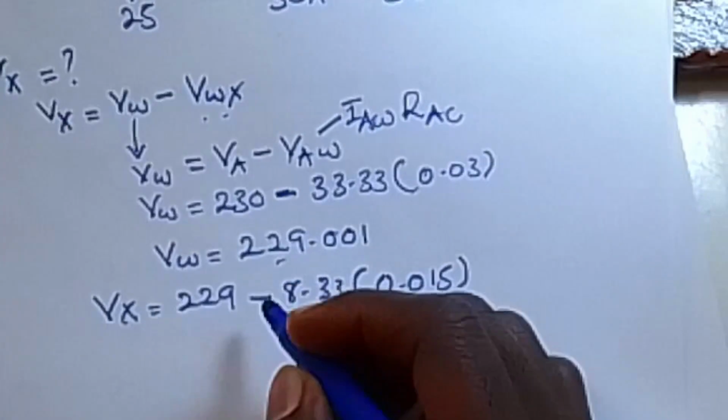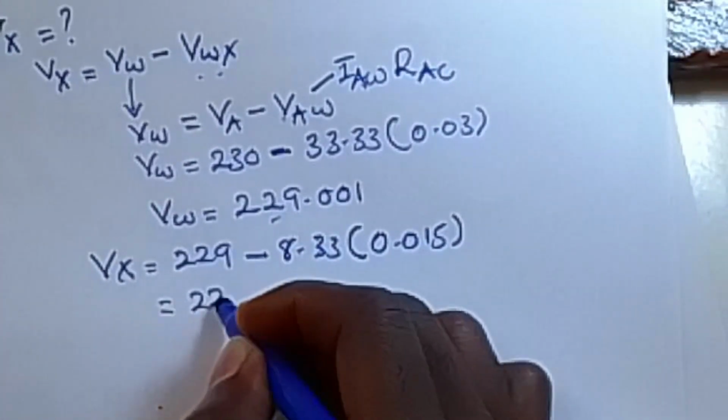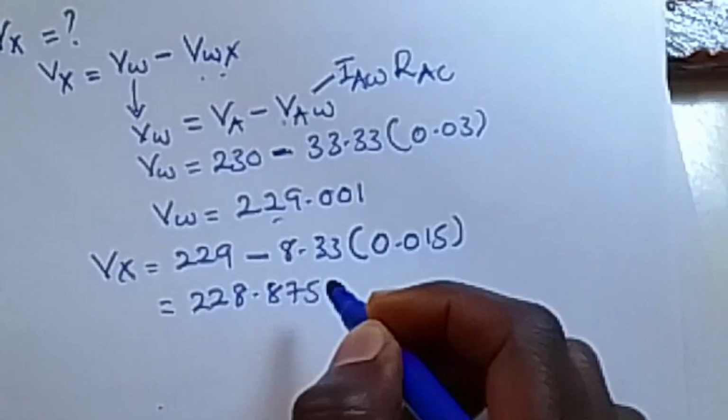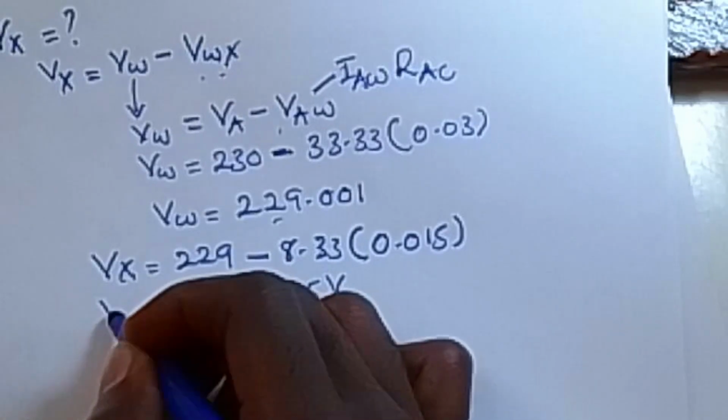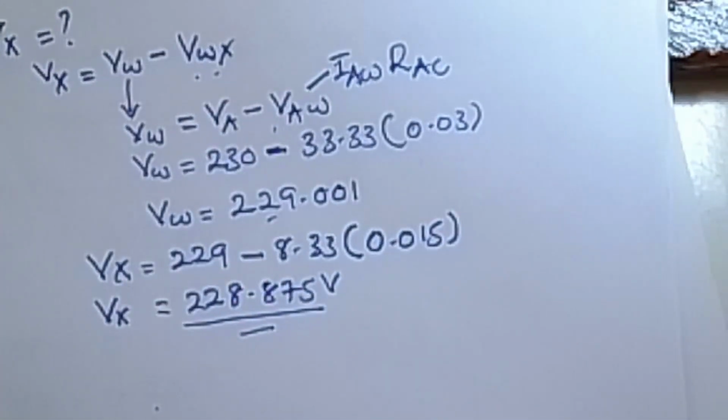So the voltage is 228.875 volts, and that qualifies to be our minimum voltage across that section.